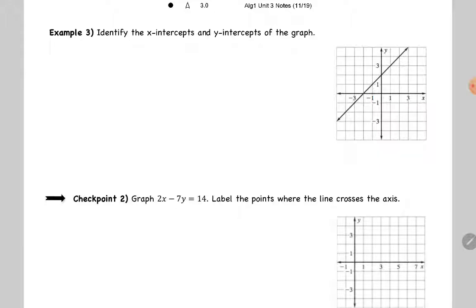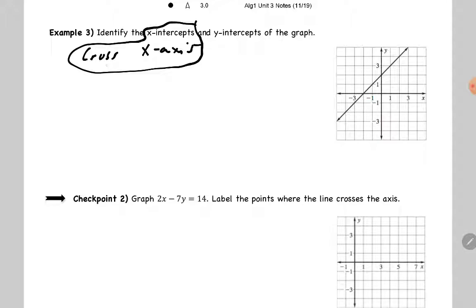Example 3, identify the x-intercepts and y-intercepts of the graph. So remember, x-intercepts means crosses the x-axis. So actually let's look for the x-axis. So right here is -1, -2.